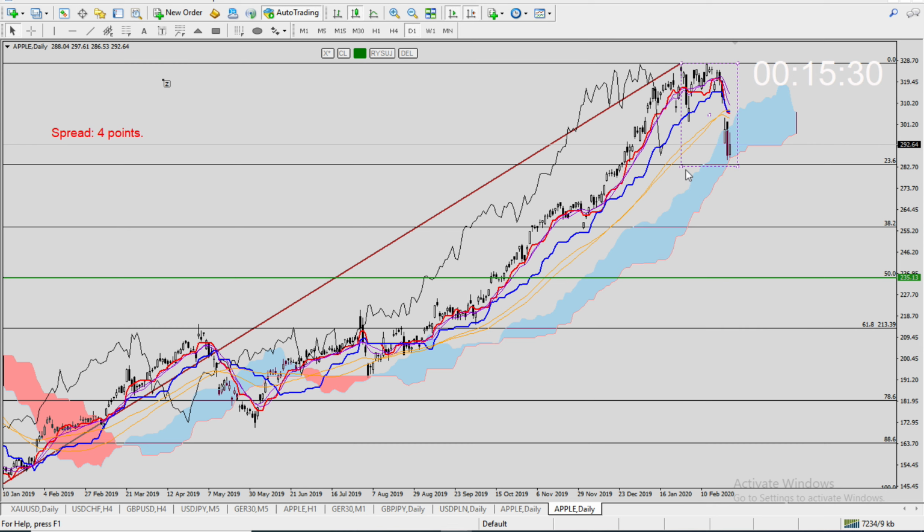So this will be a support for now, but once we break it, everyone will know that this correction is bigger, so there will be an overbalance on the market, which means a very possible downtrend or a bigger correction.